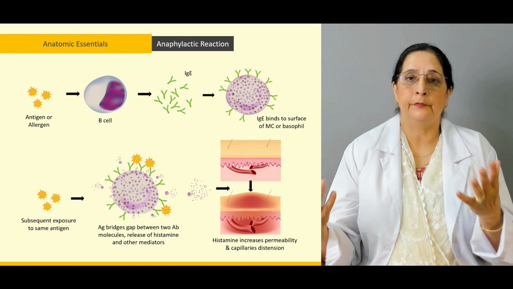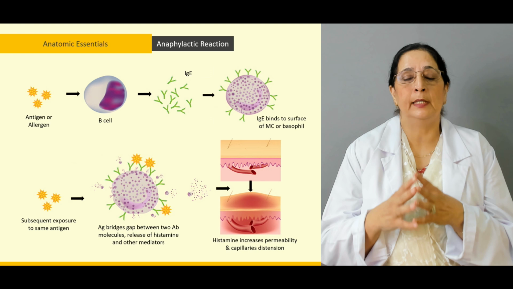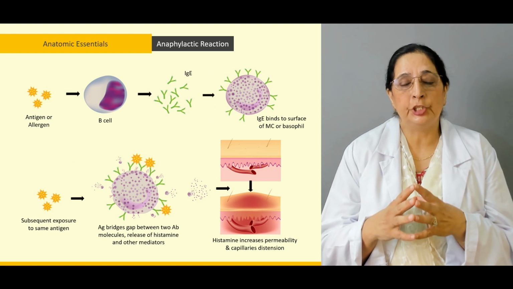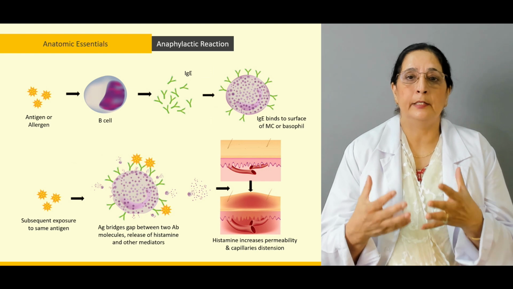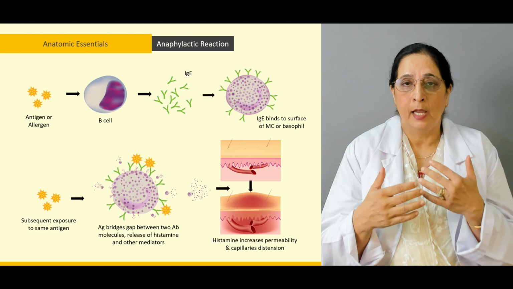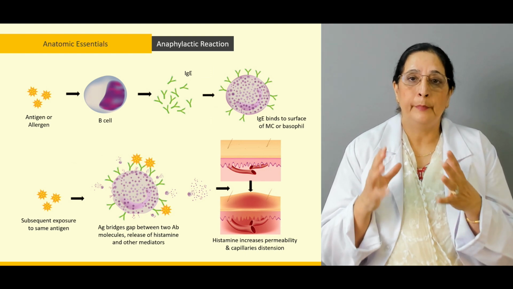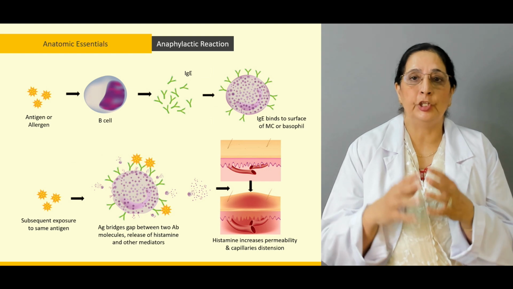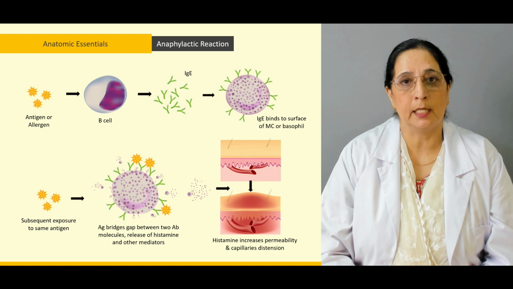All these further changes are because of this increased permeability and dilatation. Some people, as a result of allergic reaction or seasonal allergies, have a runny nose and watery eyes, because of this dilatation and increased permeability.